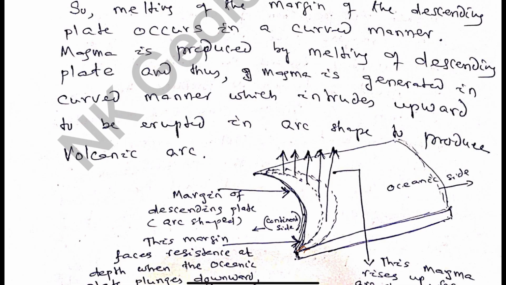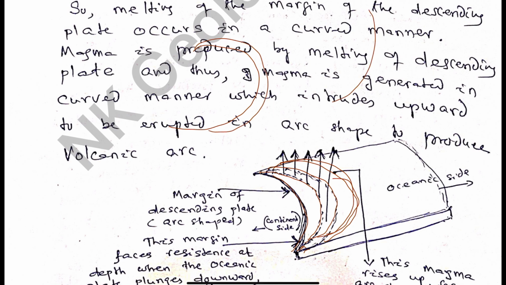So because of subduction, because of resistance, this curved margin of the descending plate faces melting in this way. And the magma is generated accordingly in this manner. So it forms a convex, arc shape.